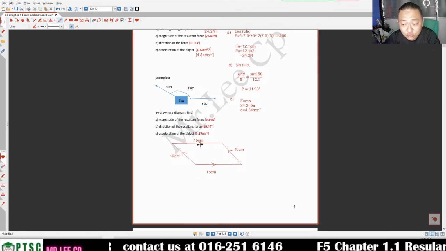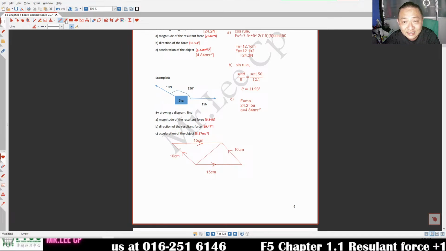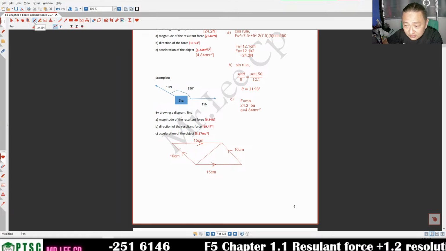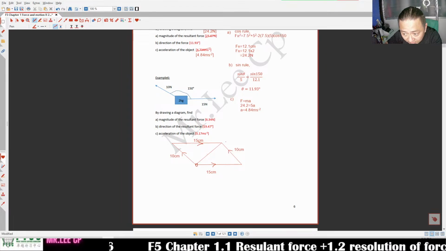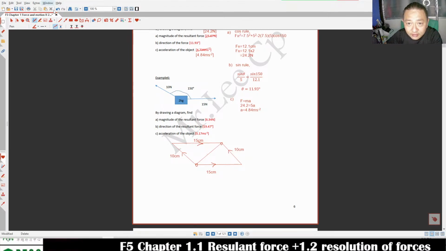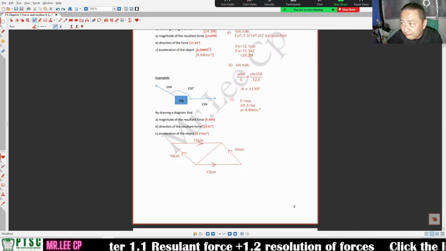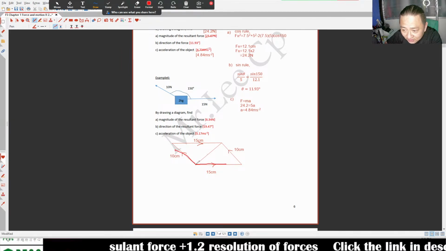So now I want to draw my direction of the resultant force. It is in this direction. Are you okay? This is your direction of the resultant force, where you start from here and then you end at here, right? You imagine that. I am pulling here, you are pulling here, then the object come into here.